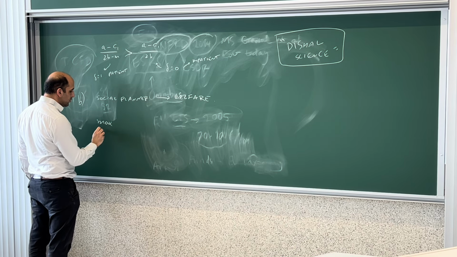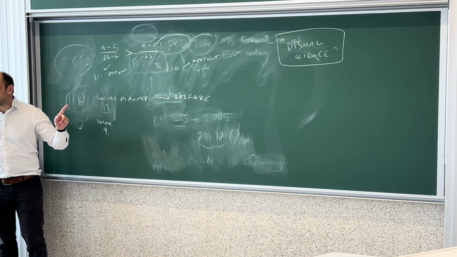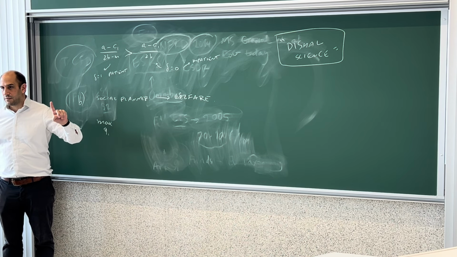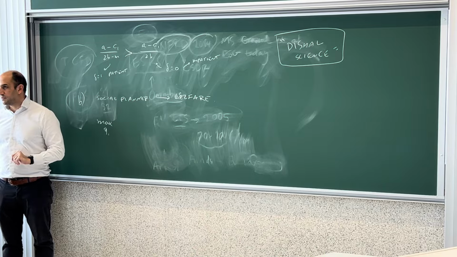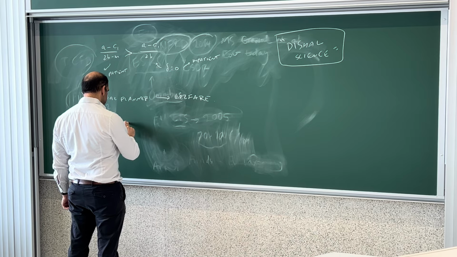So it's going to choose the quantity in period 1, knowing that period 2 is affected by it, and in period 2 they're going to behave like a monopolist, right?